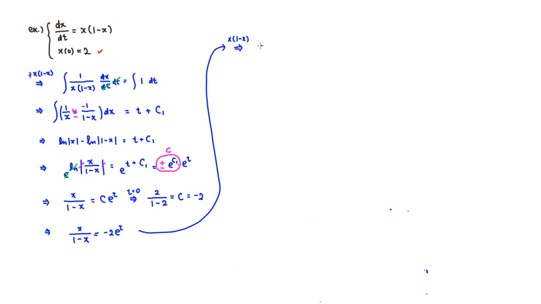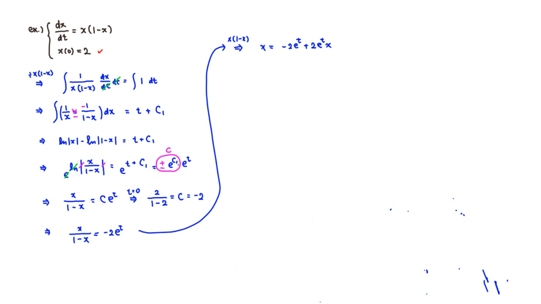So we're going to have x is equal to 1 times negative 2 e to the t, which is negative 2 e to the t, and negative x times negative 2 is a double negative, so it's a positive 2 e to the t x.